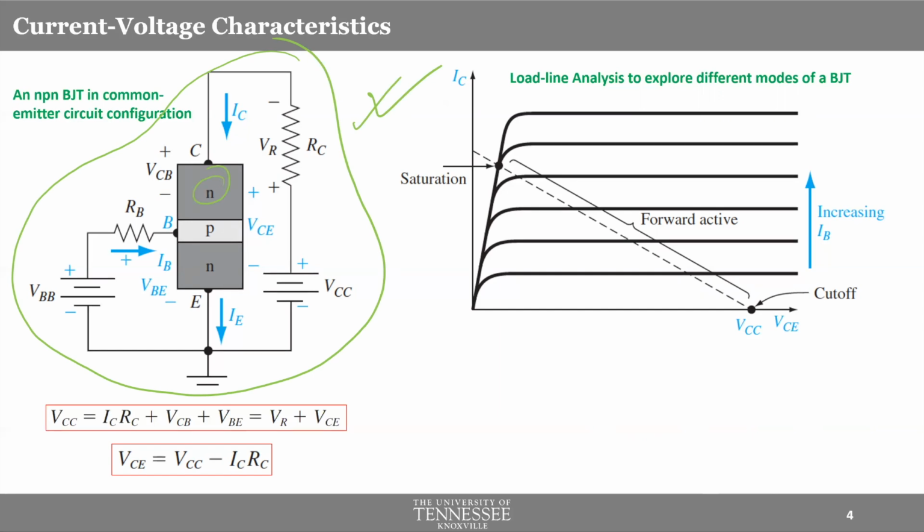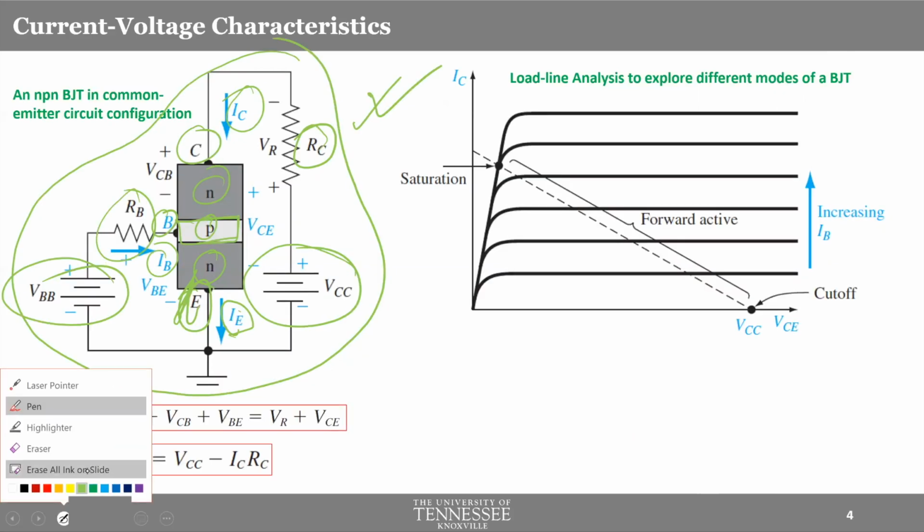We have an NPN BJT, and the one in the middle is always the base. We have base here, this is emitter, and this is collector. Then you have a resistance at the collector end and a resistance at the base end, and you have input voltage here and here. Just look at the emitter current, collector current, and base current. So we have lots of different stuff. We will come back to this figure.